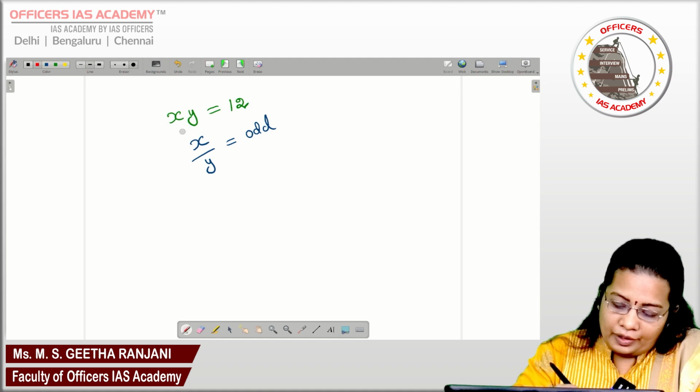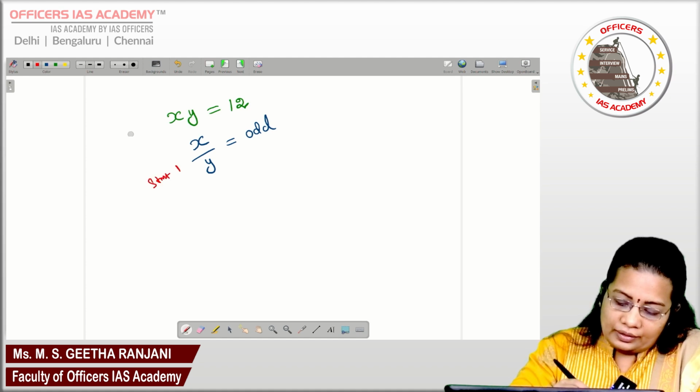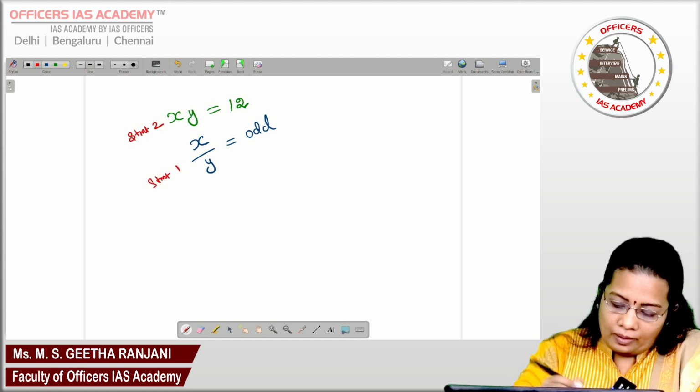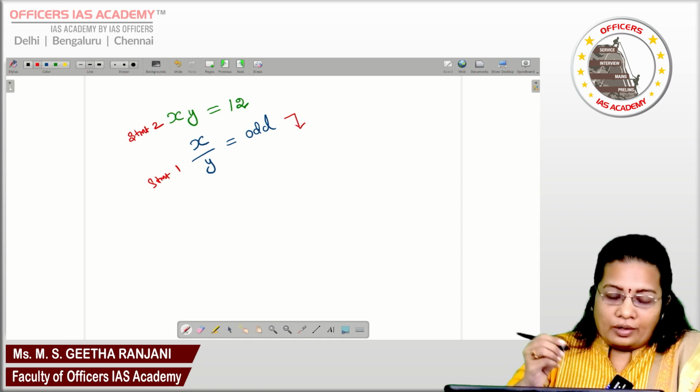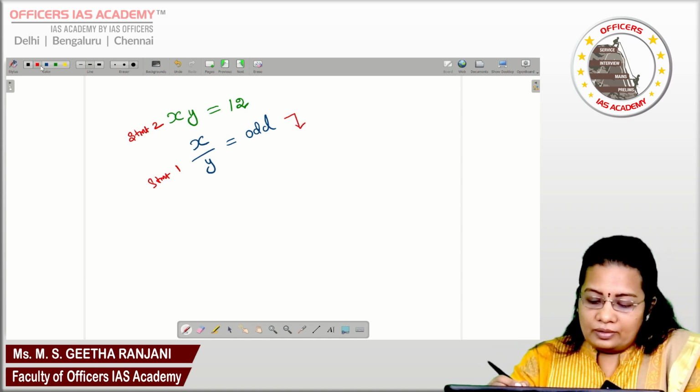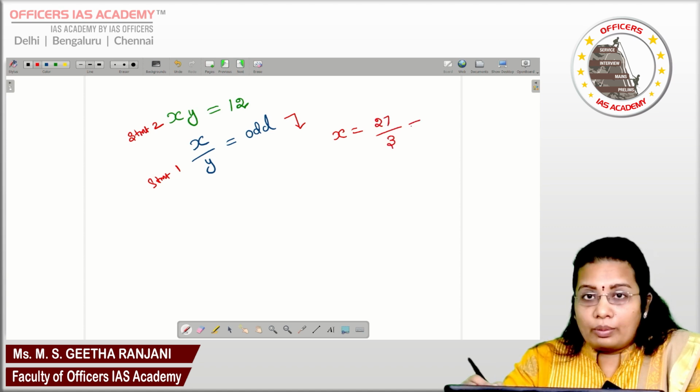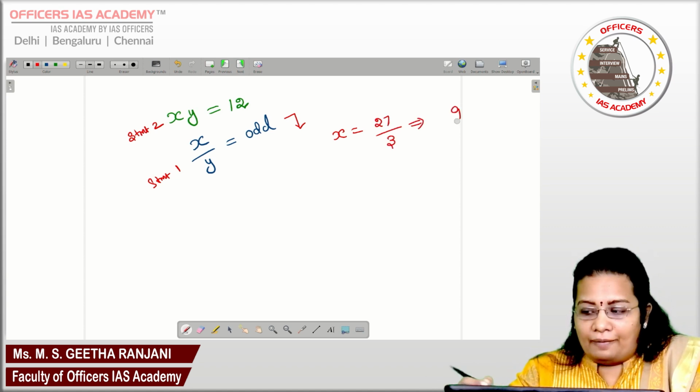So this is statement 1 and this is statement number 2. So analyzing statement number 1 individually, what are the possibilities in this case? So let me take x is equal to 27 and y is equal to 3. So 27 divided by 3, the answer is 9, which is an odd number.